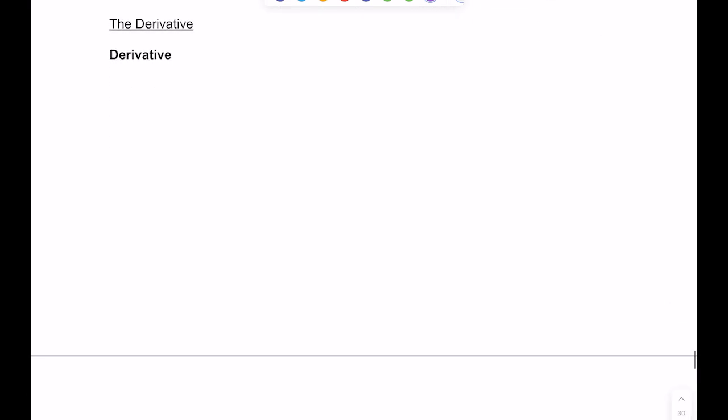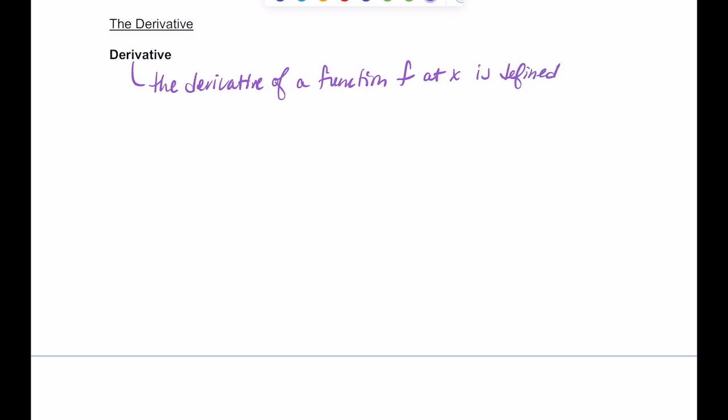So the derivative of a function f at x is defined as f prime of x, which is the limit as h approaches 0 of f of x plus h minus f of x over h.